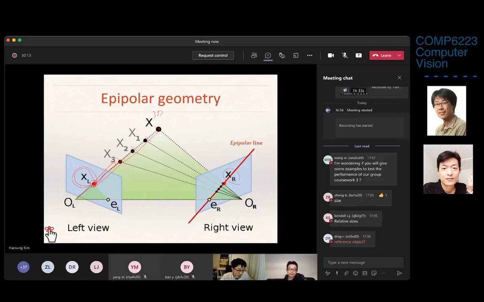So if you have a matching of this point and this point, then you can triangulate. This point should be somewhere on this line, and the same point projected here should be somewhere on this other line. When they meet, that is your original 3D point. It makes sense, right?